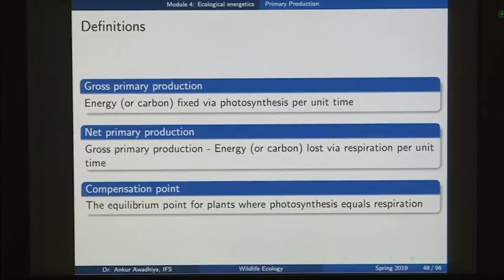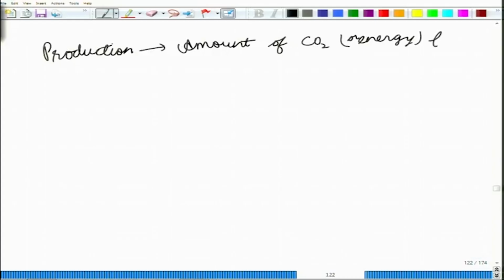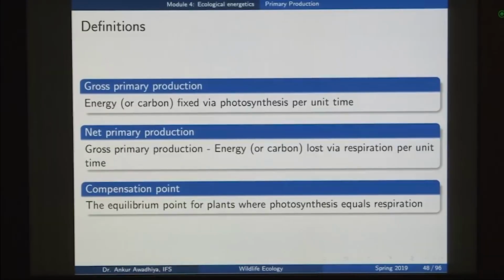When we say production, that is the amount of CO2 or energy fixed, and when we say productivity, that means production per unit time. But there are some books that use these terms interchangeably. So, when we talk about gross primary production, we can also say that we are referring to the energy that is being fixed per unit time.